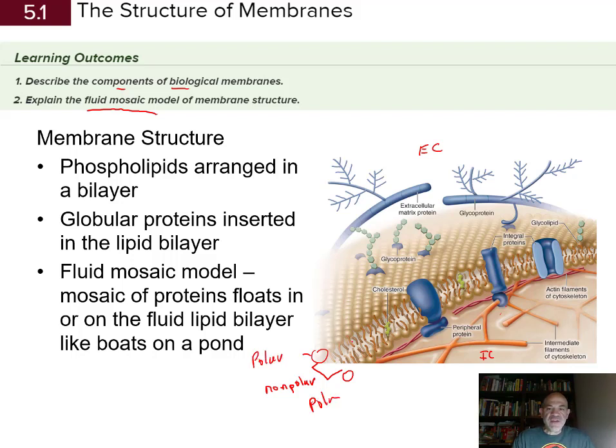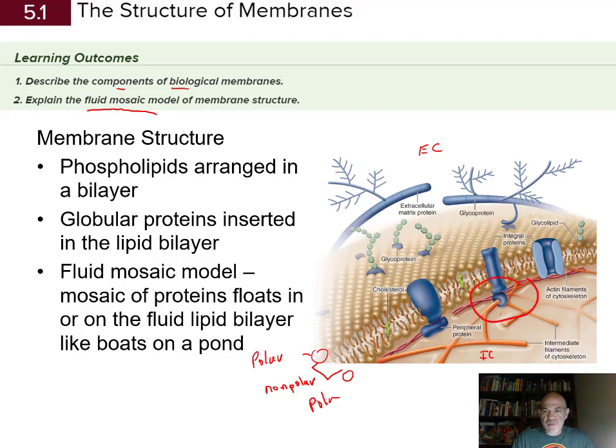So you have polar heads on the outside and polar on the inside. And these phospholipids, they're free to move around, and embedded within there are going to be these proteins that can also move around. And by the way, the proteins will only move around freely if they are not tied to the cytoskeleton.